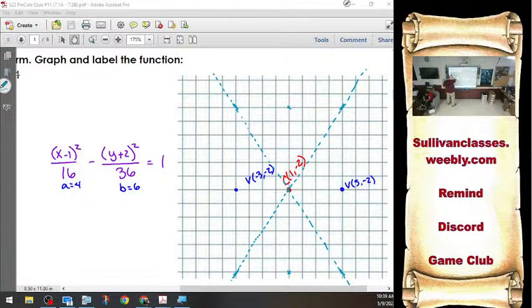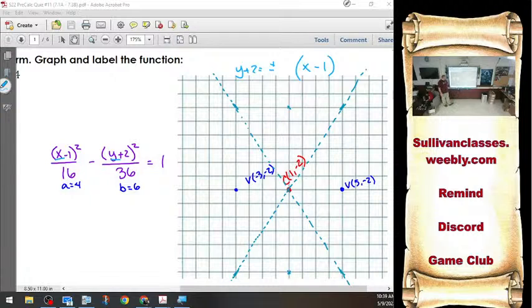And the shape of those asymptotes, if I write it, y plus 2 is plus or minus slope times x minus 1. The slope, A over B or B over A, how do I know? Okay, it's more about y over x than it is A's and B's.